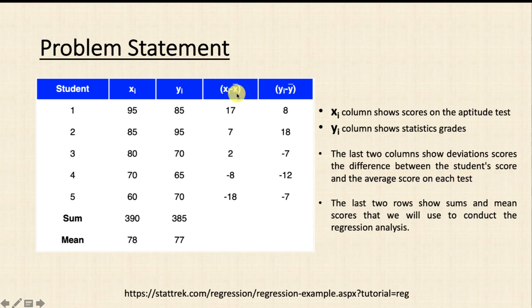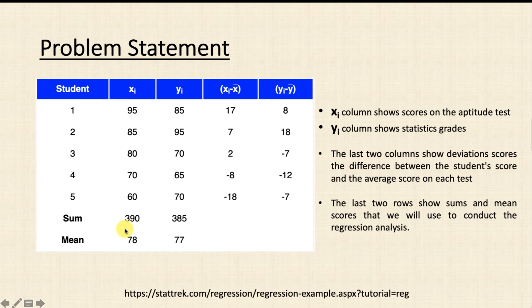So here we need to find the mean of each column, and again we find the mean of the y column. The last two rows show the sums and mean scores. You can find that sum and mean will be used to conduct the regression analysis. So this is basically our data: we have the aptitude score of each of the 5 students, and we have the statistics grades in the form of y, right?